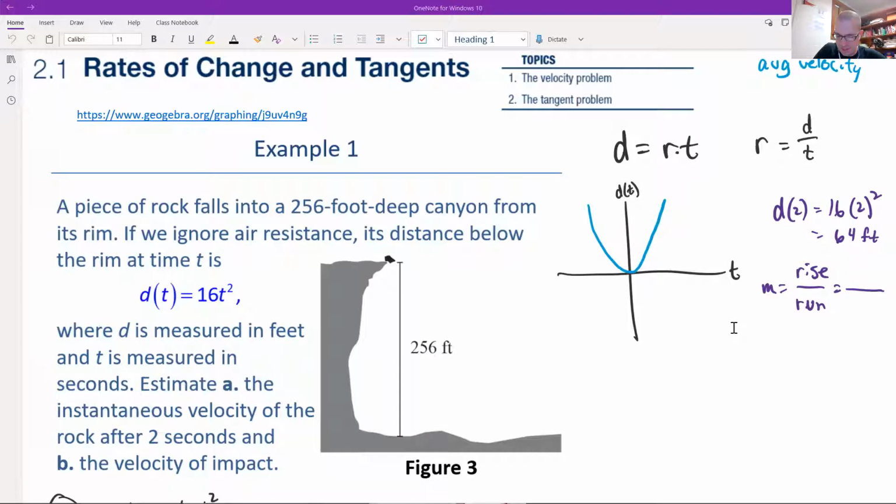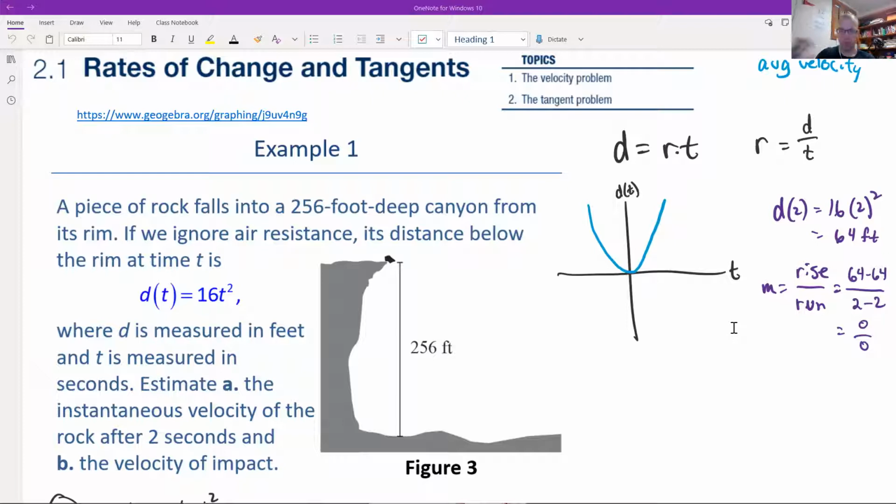So we'd have this silly thing like 64 minus 64 over 2 minus 2 for the t values that you'd put in. And you get this fraction that just looks like 0 over 0. That is an indeterminate form and doesn't tell us anything.